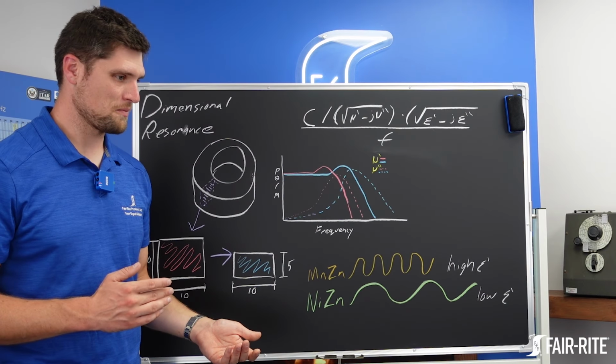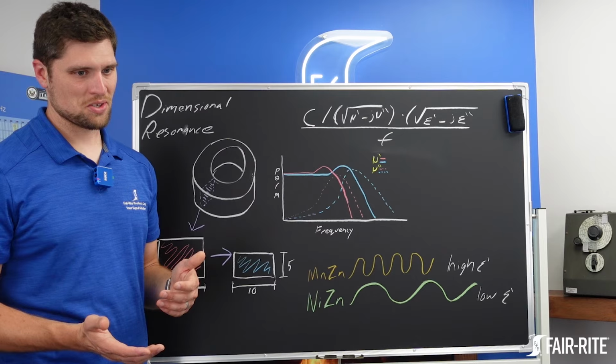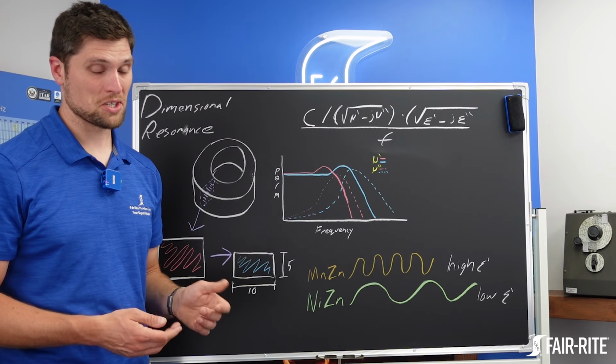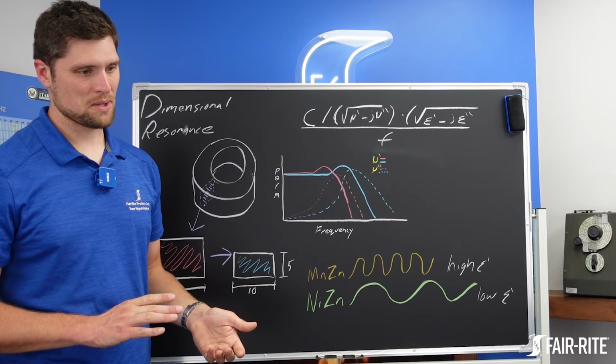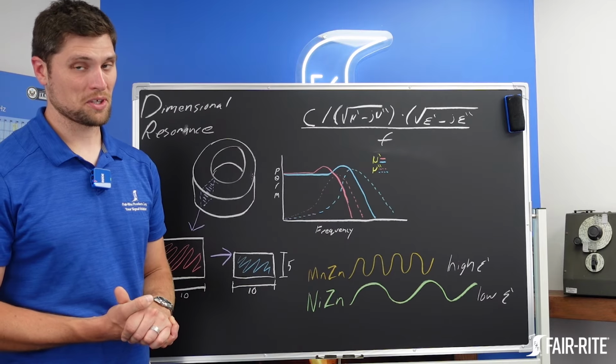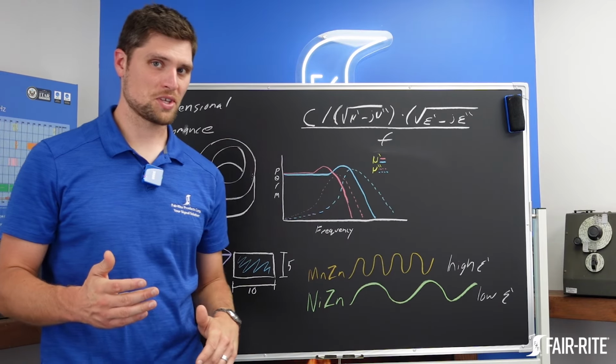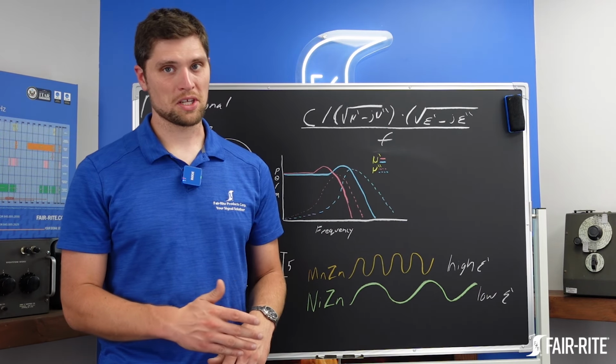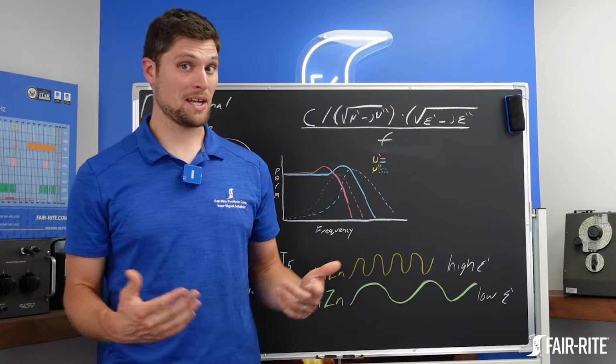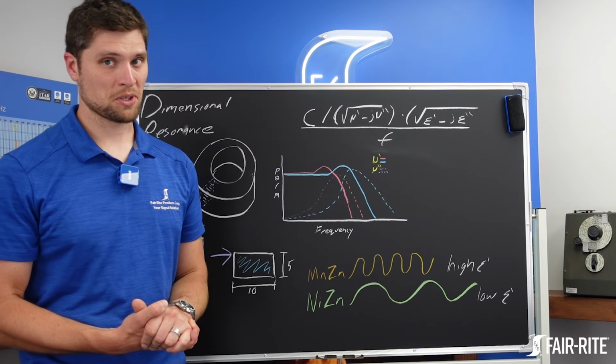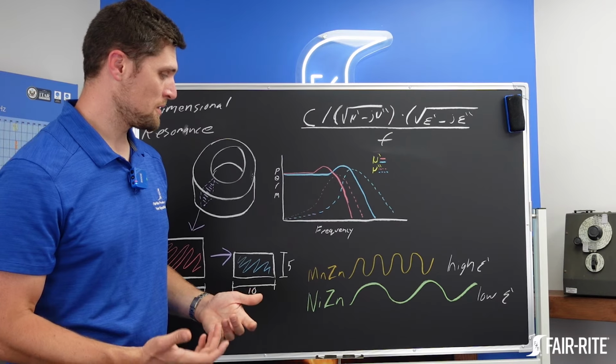It's just the fact that with the sizes cores come in and the frequencies that they're being used at, a lot of times you won't notice this effect on something like a nickel zinc core because it's being used at too low of a frequency to care about something like this, or the core is not large enough to care about something like this at frequencies it's operating at.